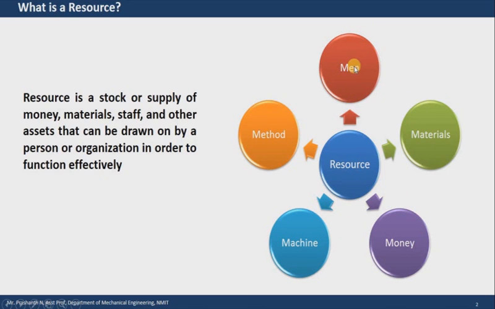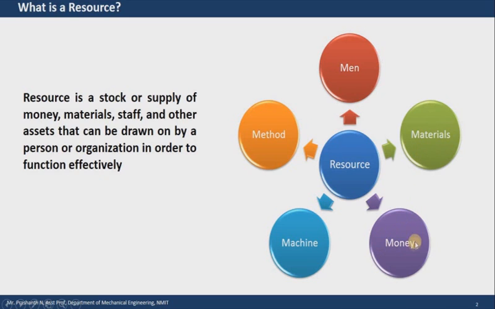So first resource is men. These are nothing but the people who are involved in the production or the managing of the firm. Then you have materials. Materials, for instance, may be raw materials which are under process, or any other materials which are involved in the company.